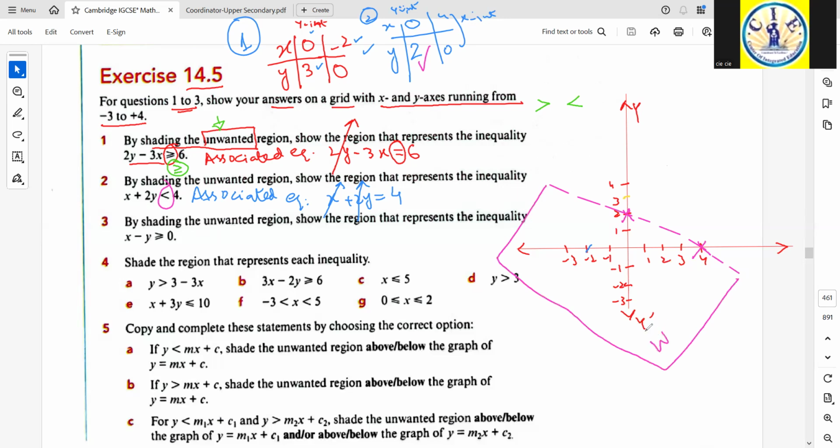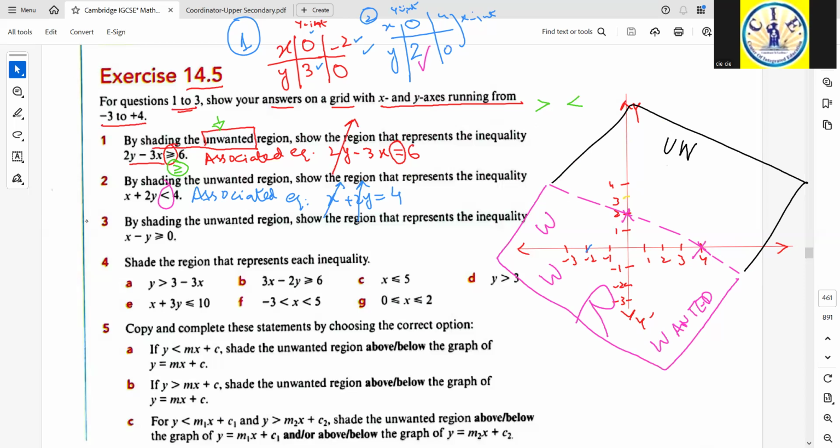Now this is our wanted, or the required region. And the portion above this line is our unwanted region. So according to the statement of the question, we need to shade the unwanted region.